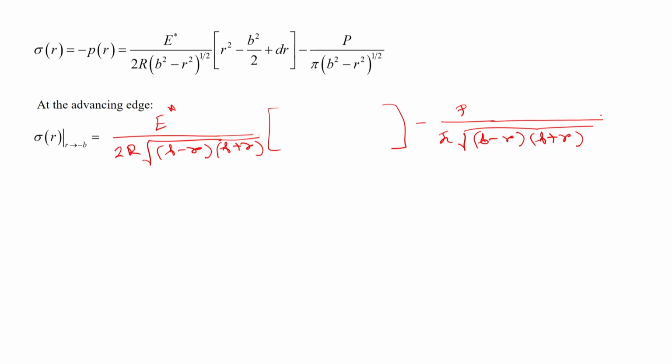Here also I write r tending to minus b, because this is the advancing edge. So here r is tending to minus b, so I put minus b here. So it will be E star by 2R, and it will be minus b. So it is 2b, and here it is r plus b.